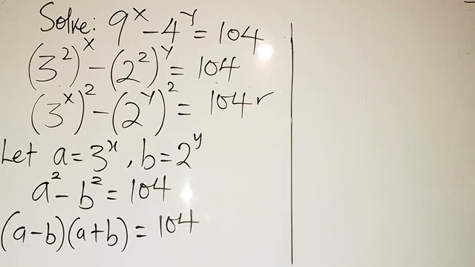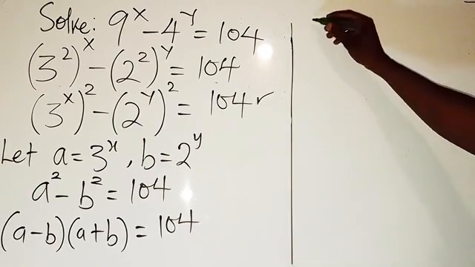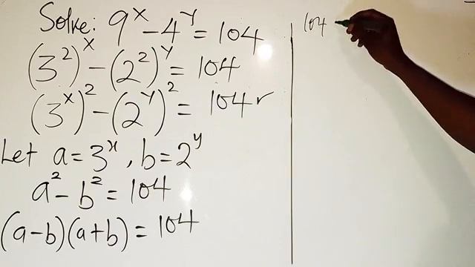So that is the next thing we are going to do. We are going to rewrite the right hand side. We express this right hand side as the product of two factors. So now we are going to be looking for the factors of 104.